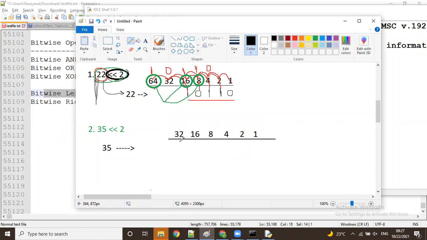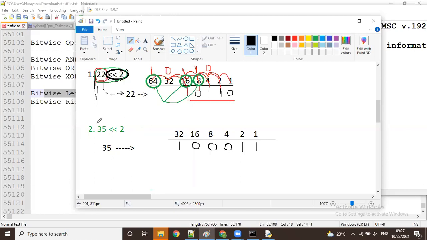To get 34, 32 is required. 32 plus 2, 34. 34 plus 1, 35. That's all. So 16 is not required in this combination, 8 is not required, 4 also not required. So 32, 2, 1, that's all, right?